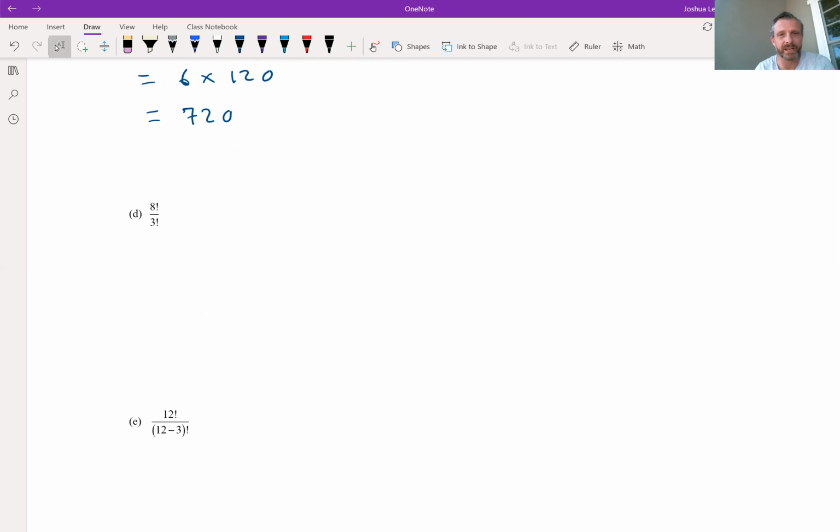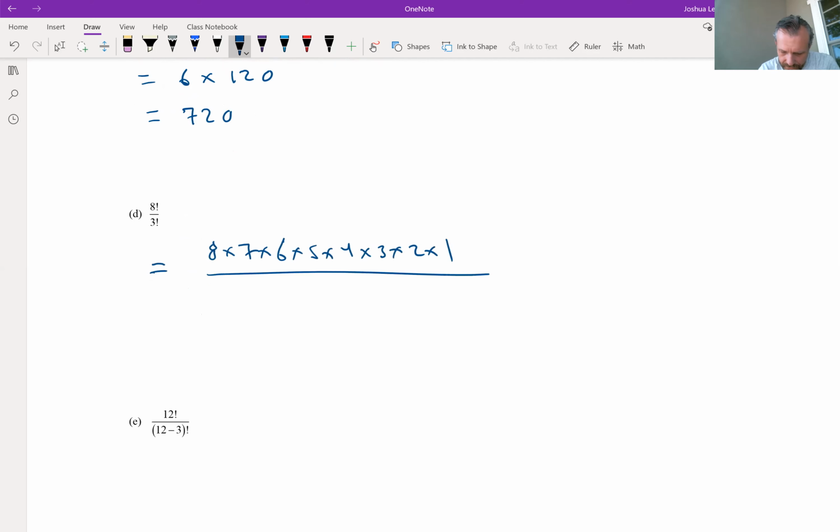All right. How about 8 factorial over 3 factorial? Well, something interesting here happens. So 8 factorial is this. And 3 factorial, of course, is that. Well, what do you notice?